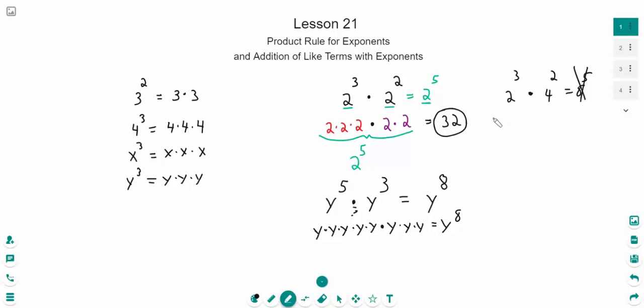Again, think about what this means. It means a 2 times 2 times 2, and then we have our multiplication sign here, and then we have a 4 times a 4, okay? Which, if we were to multiply that out, is not 8 to the fifth or anything like that. It's very much different than that.